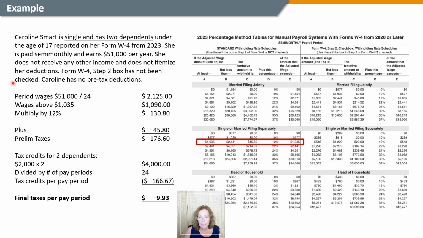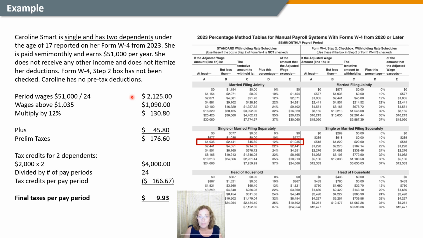Carolyn has no pre-tax deductions. We start with the period wages of $51,000 and divide it by 24 because Carolyn is paid semi-monthly. That gives us the semi-monthly wage of $2,125.